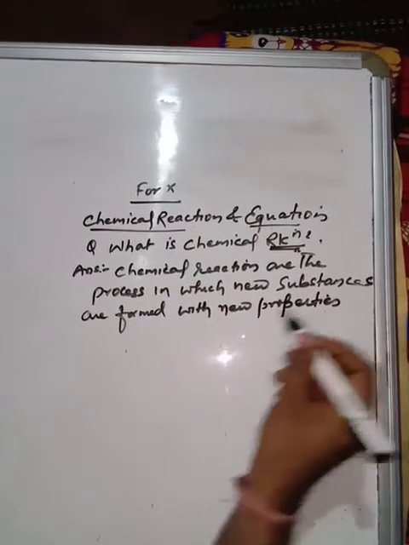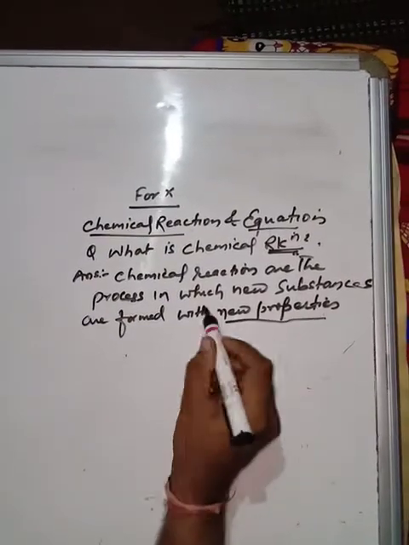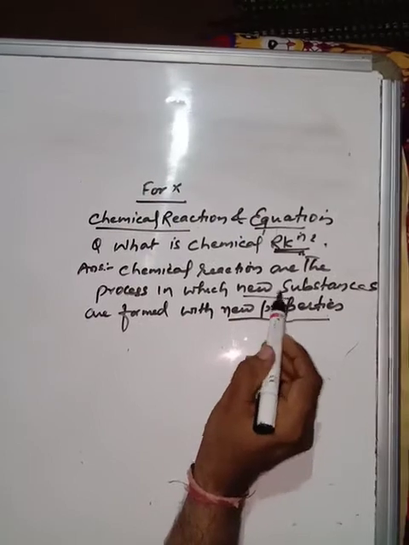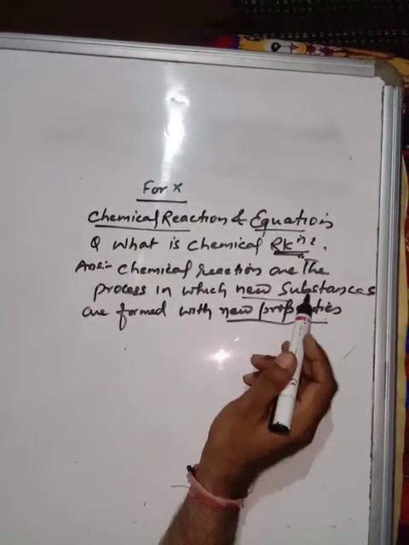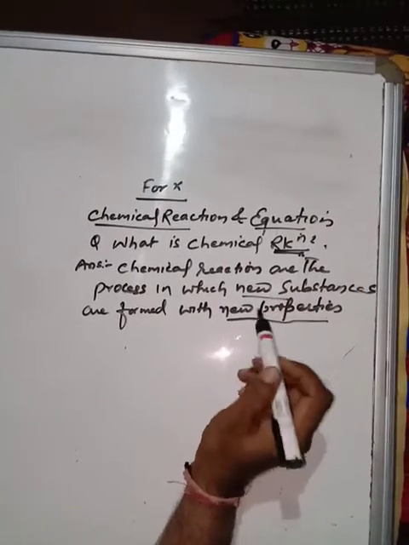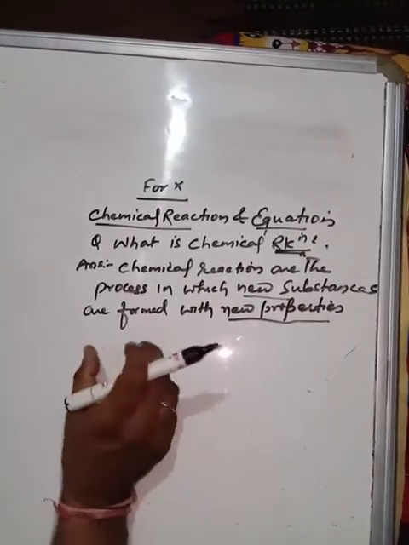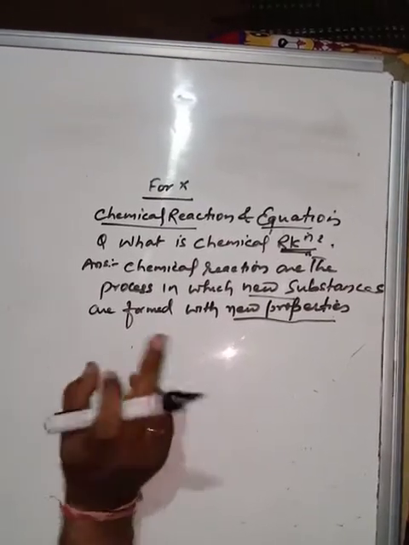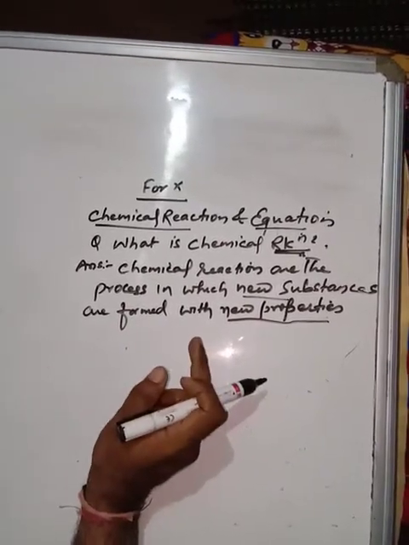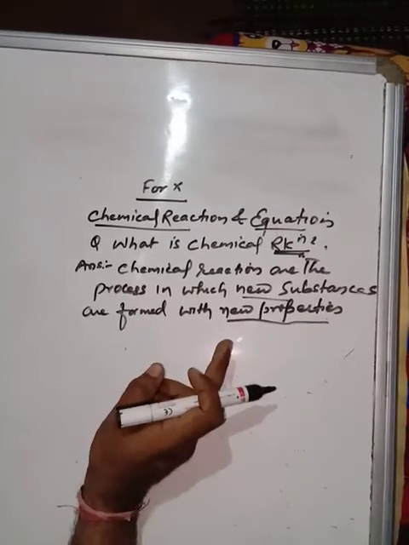So again the term comes, new properties. It means new substances are formed. Then a confusion is there: whether new atoms are being added or new substances are. Here we are just finding that the atoms taking part in the chemical reaction rearrange themselves to form the new product.